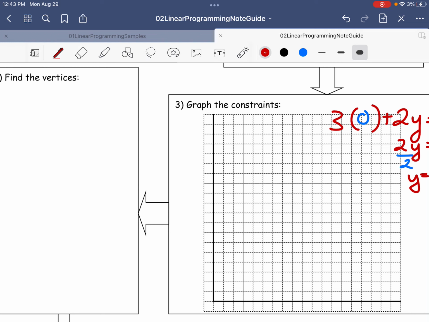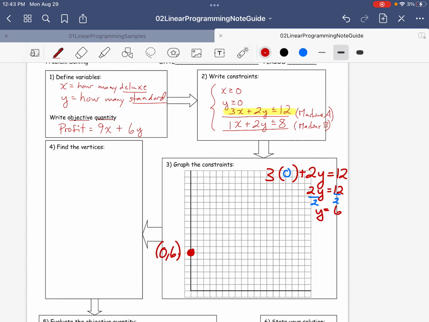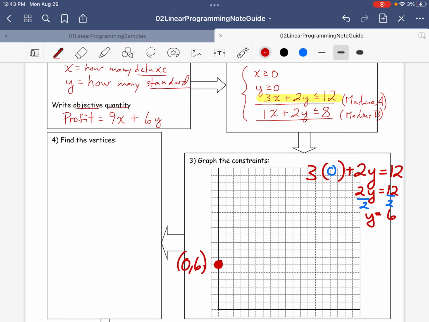1, 2, 3, 4, 5, 6, and perhaps even label it so we don't lose track. Don't we also need the x-intercept? Yes, we do. We just found the y-intercept. Don't we now need the x-intercept?